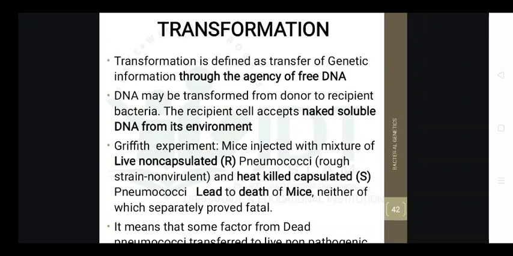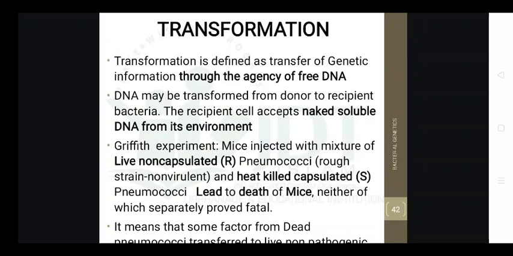Actually, this method was discovered by an experiment conducted by Griffith. He conducted an experiment with mice in which he injected a mixture of live non-capsulated rough strains of pneumococci, which are non-virulent, which will not cause a pneumococcal infection and will not kill the mice.